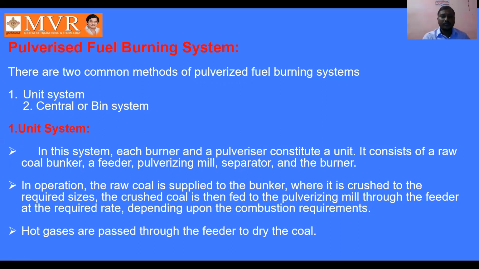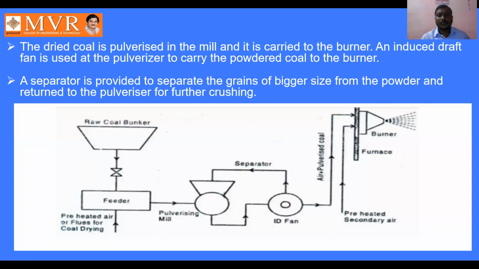In the unit system, we can understand from the diagram that the raw coal from the bunker, after crushing, enters the pulverizing mill through the feeder, and in the feeder the preheated air enters from the bottom to cool the dry coal which is coming from the raw coal burner.